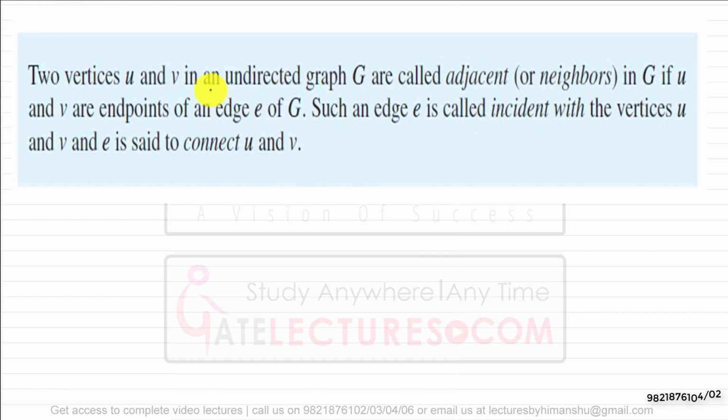First of all, they are discussing undirected graphs where no directions are given. If there is a vertex u and a vertex v, these two vertices are called adjacent if and only if there is an edge between u and v, with one endpoint as u and the second endpoint as v. Such vertices are called adjacent vertices.